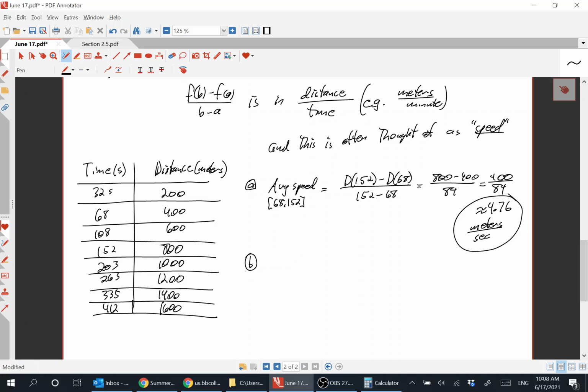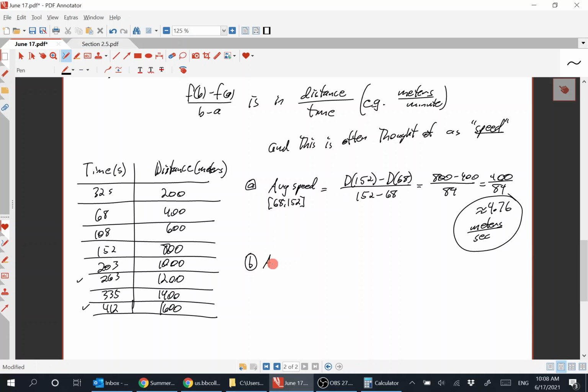All right, part B. What is the man's average speed between 263 and 412? That's 2 laps.